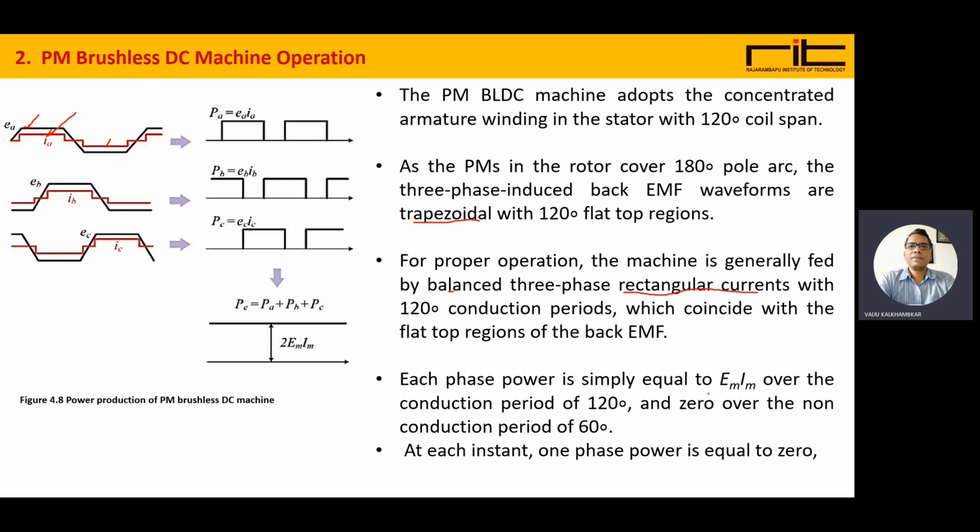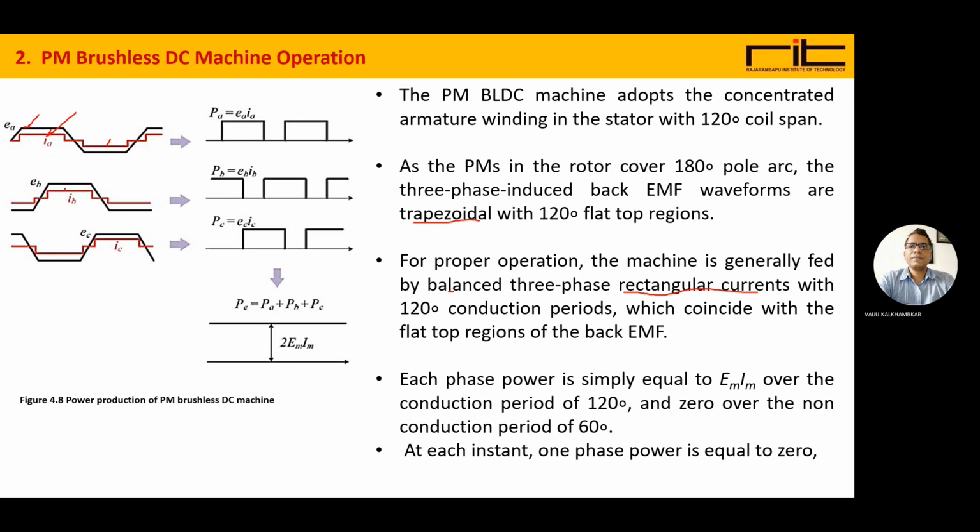Each phase power is simply equal to Em Im over the conduction period of 120 degrees and 0 over the non-conduction period of 60 degrees. At each instant, one phase power is equal to 0. So here we can see EA into IA, then EB into IB, then EC into IC.